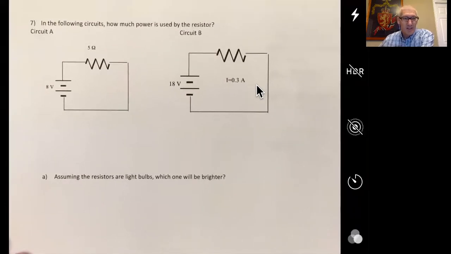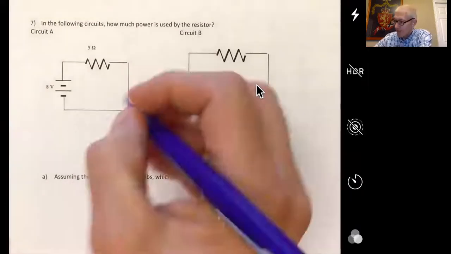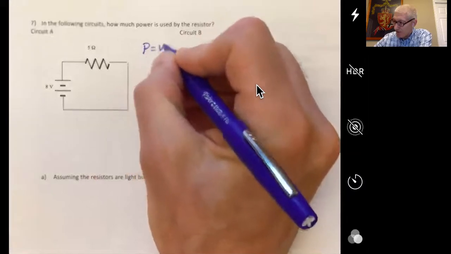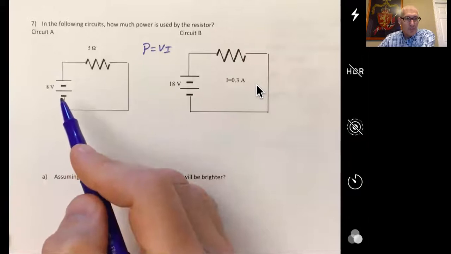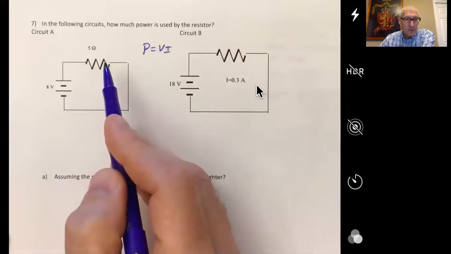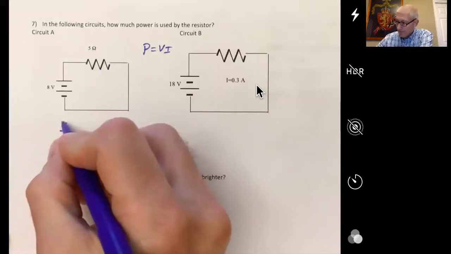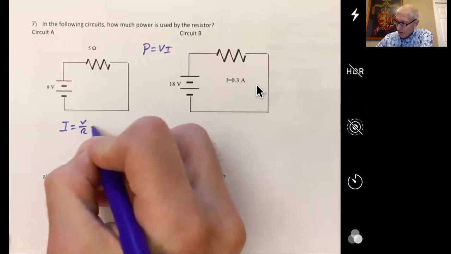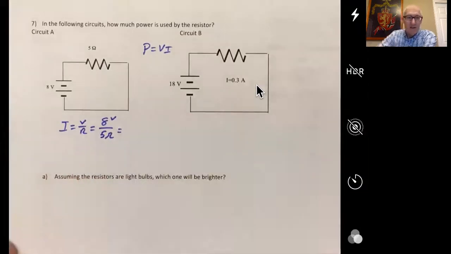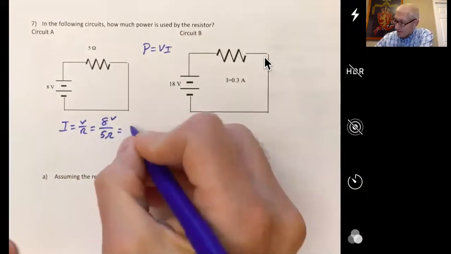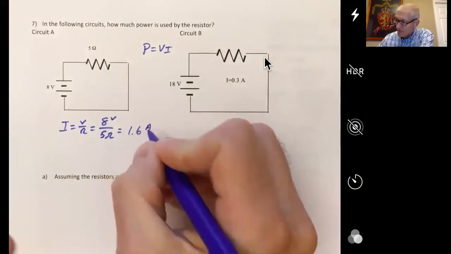So if I look at this and I'm trying to find power, keep in mind that power is voltage times current. So in this case, I know the voltage. What I don't know is the current. So I'm going to do a little bit of work to get current. I equals V over R, 8 volts divided by 5 ohms. That's 1.6 amps.